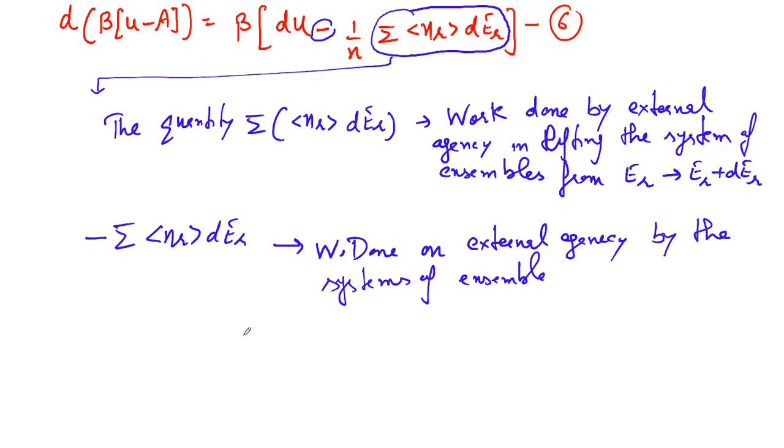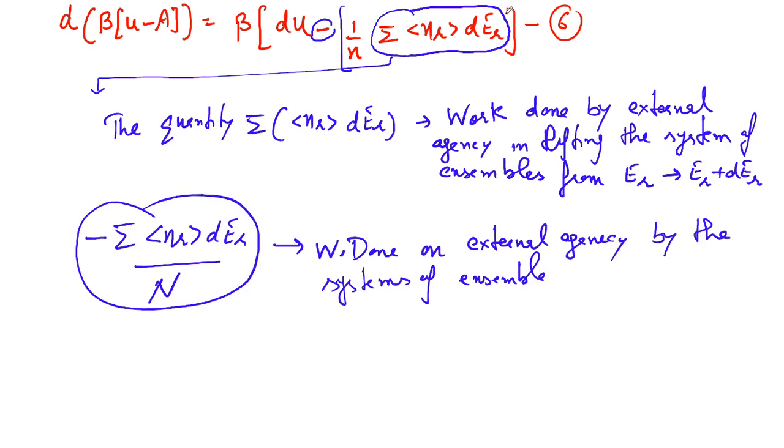And if we divide this with the total number of systems present in the ensemble, this is the average work done by one system. So this whole notation is represented as the average work done by one system.